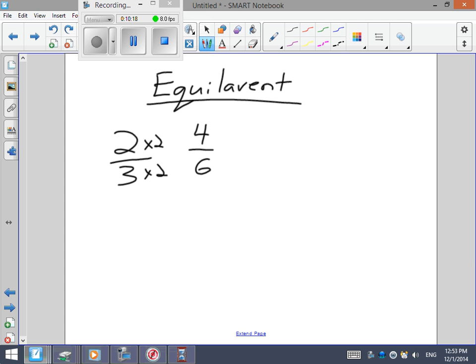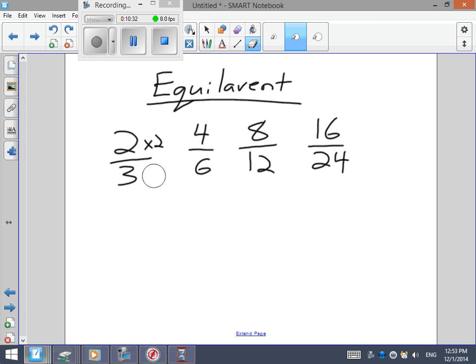Let's multiply this by 2. We would have 8 over 12. Same thing. Times by 2, 16 over 24. And so on and so forth. All of those mean the exact same thing. It doesn't matter which numbers you use, as long as you do the same thing to the top as you do to the bottom. Those are all the same.